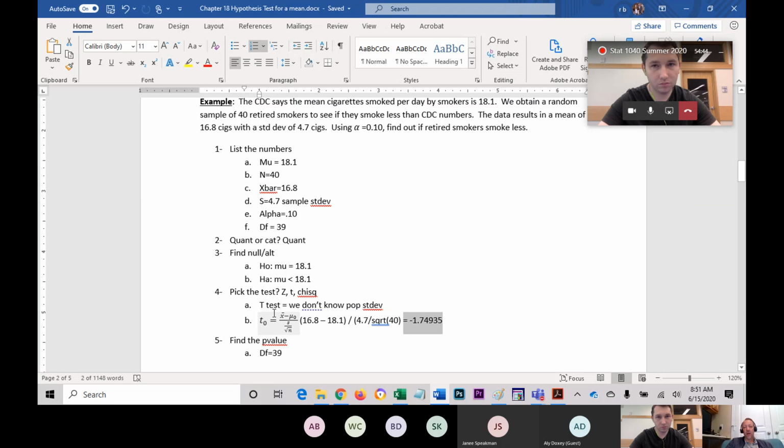The t-score equation was developed by a guy named William Gossett. He worked for a beer company, and he's the one that came up with this. And he kind of did it with a pseudonym, and he called it the student t-distribution. I don't know why he didn't want to take credit, but anyway, that's a little bit of background on that.